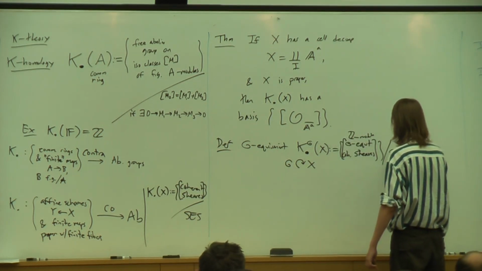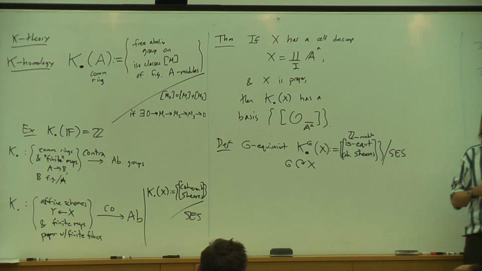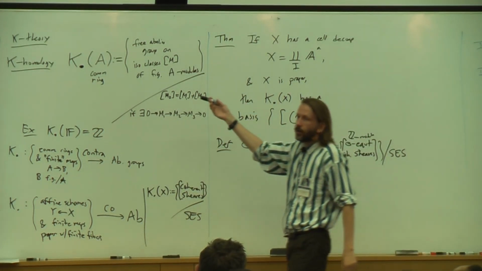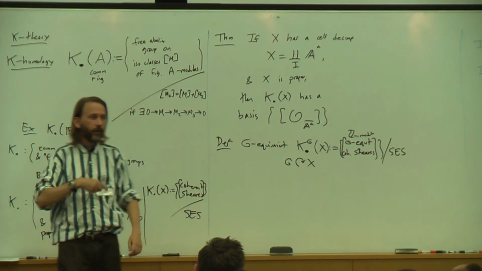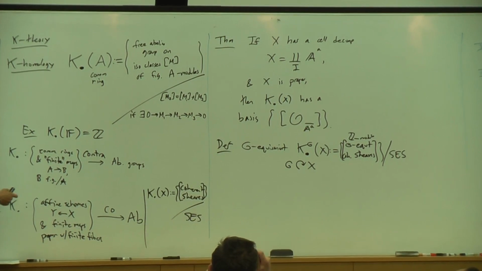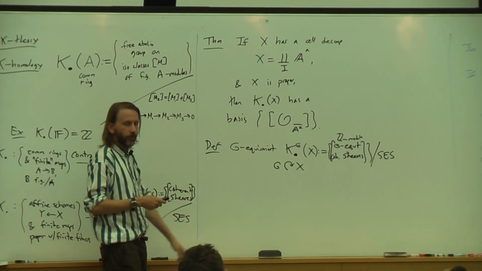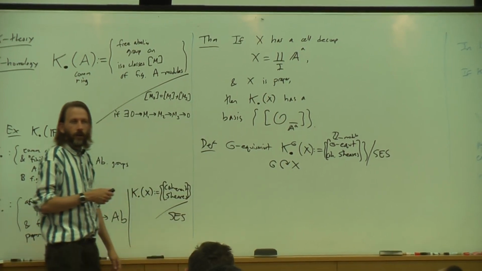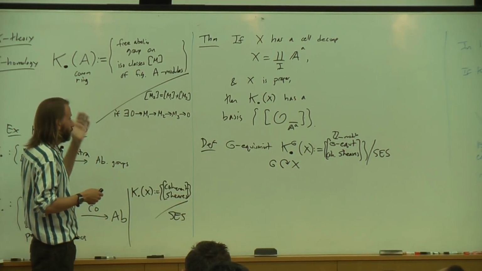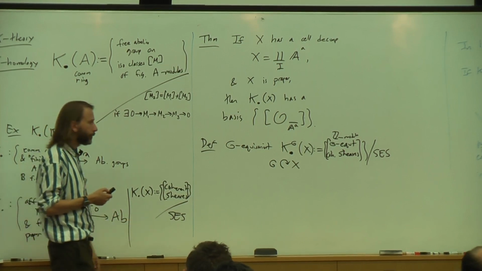But the main thing is that if I have a module over a ring, and I've got G acting on the ring and G acting on the module, I can talk about a G equivariant module, and I do that, I get this notion of G equivariant K theory. So it's extremely naive how you put the G in there, and when you do, you get the right answer.